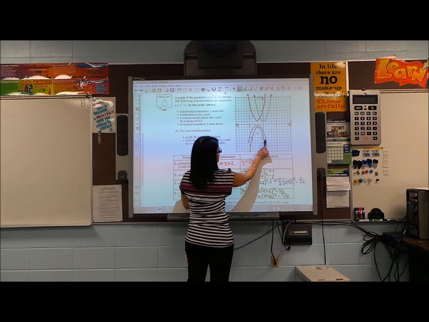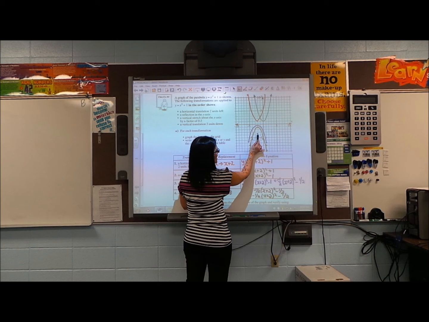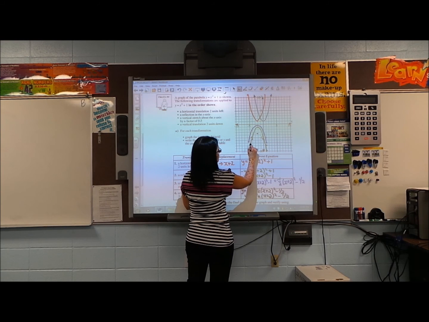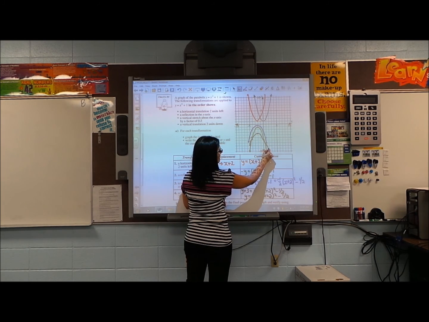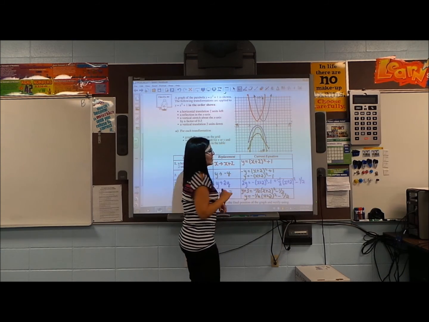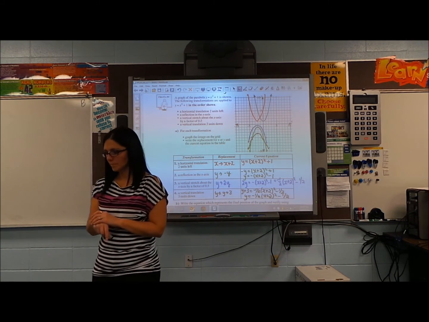So these 2 points here are actually sitting at negative 5.5 on the vertical axis, and this point here is sitting at negative 3.5. And there's my final image.